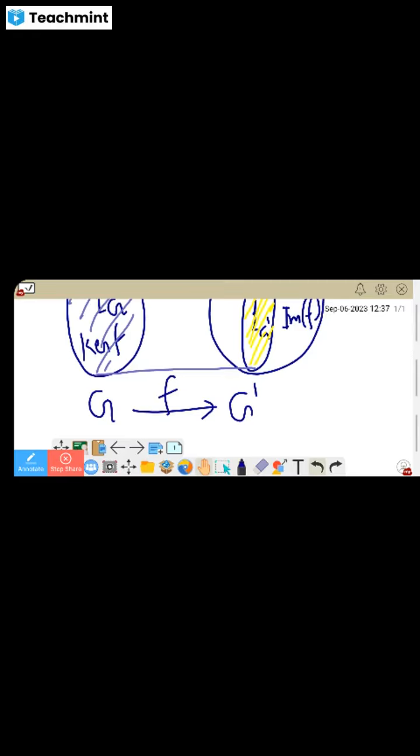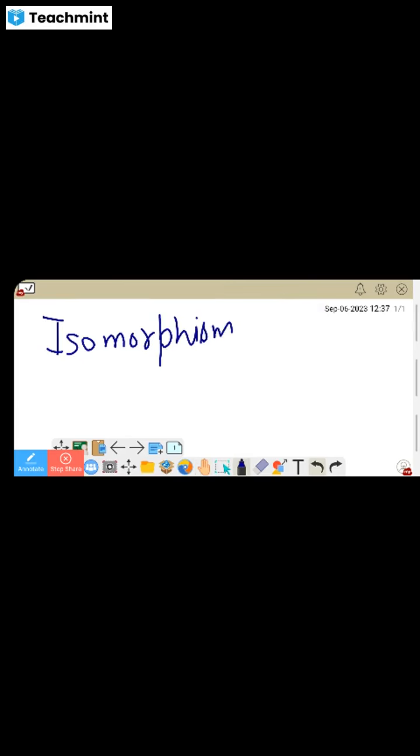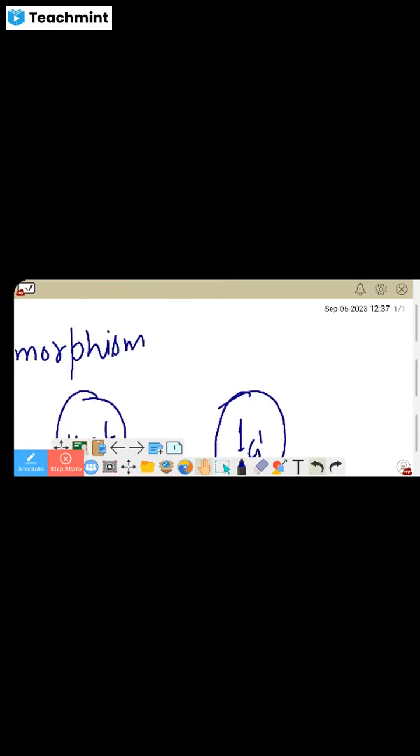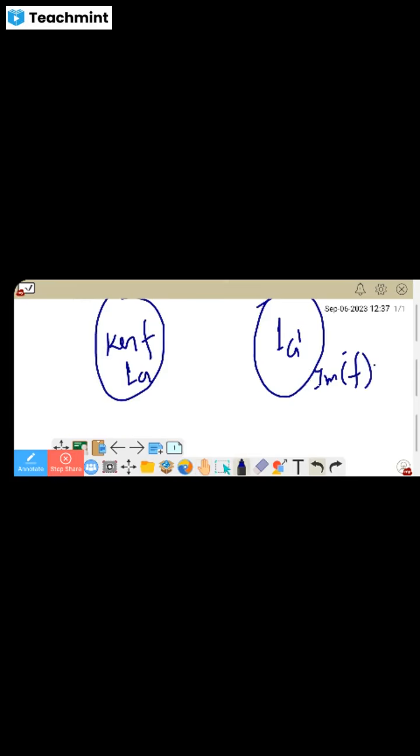Next, let us do isomorphism. This is kernel F, identity of G dash, and this is identity of G, and this is image of F. Image of F must be equal to G dash, means entire elements of G dash.